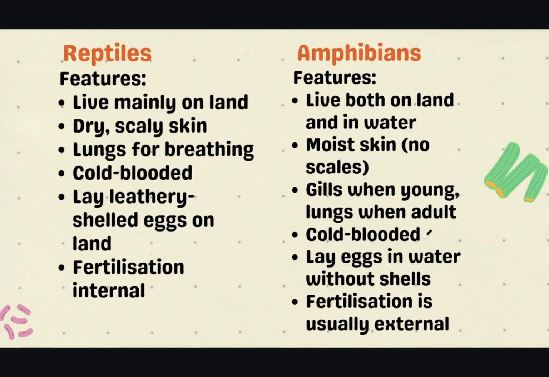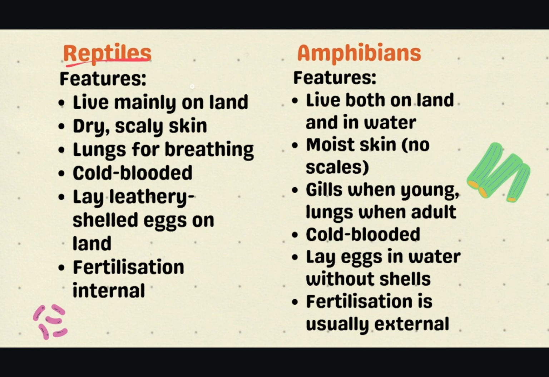All right. Now going over reptiles. So basic examples of reptiles: snakes and lizards. They all come into the category of reptiles. Reptiles are organisms that live mainly on land.